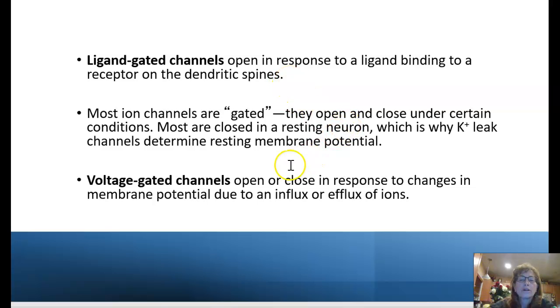They're going to open and close relatively quickly, and they're closed when the neuron is at rest, most of them. Voltage-gated channels require a shift in the potential of the neuron. So we look at what's happening when some ions come in, and it has to reach a threshold in order to open.